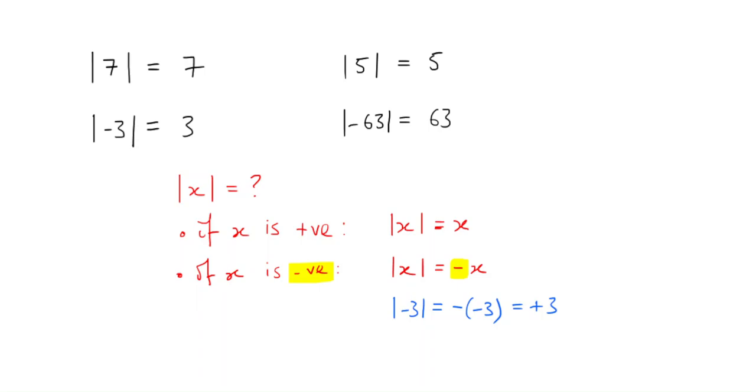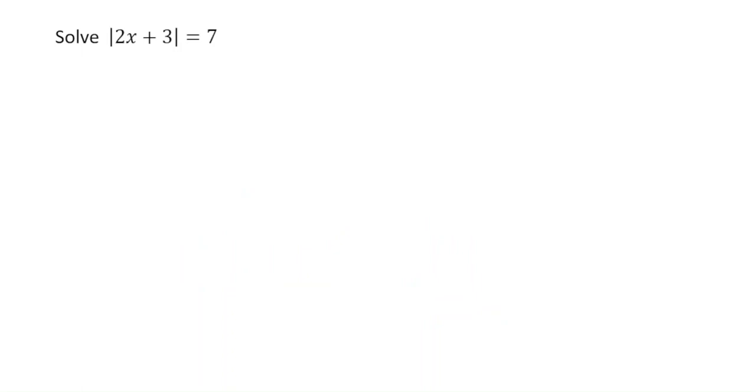Okay. Let's have a look at a couple of questions. We want to solve this particular equation. Okay, mod 2x plus 3 is equal to 7. Now, this has got two potential outcomes, right?